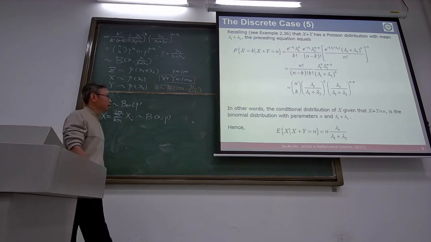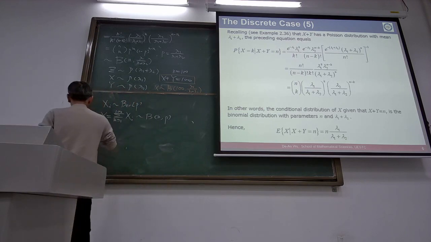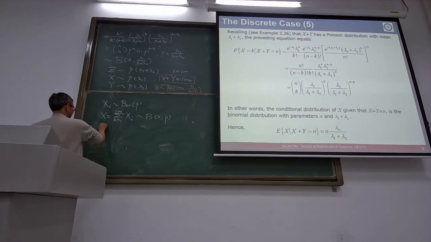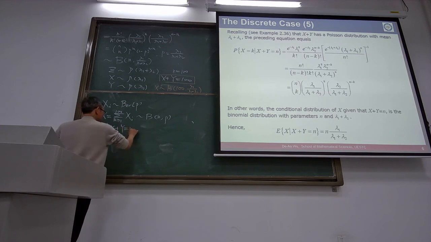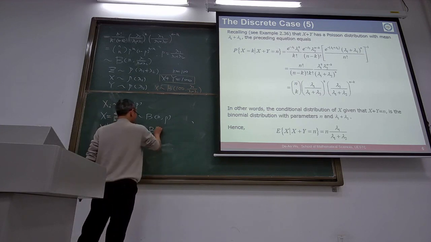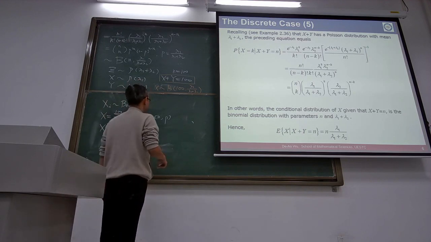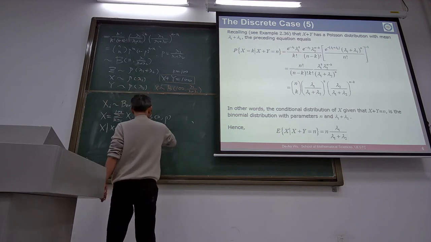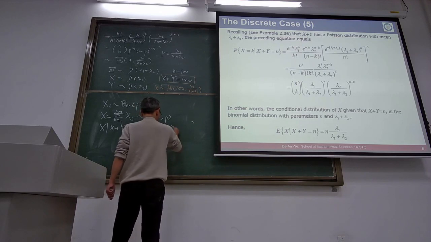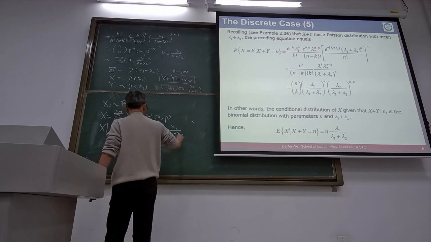Then we see that x given x plus y equals n just follows binomial with n and lambda 1 over lambda 1 plus lambda 2.